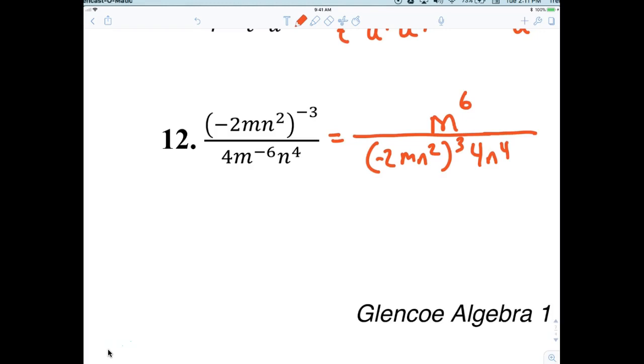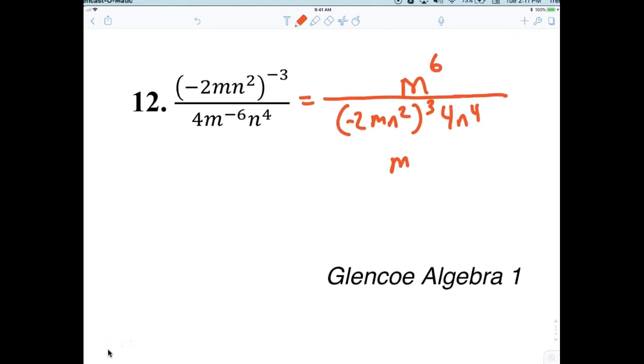Right, now I've got to simplify the denominator. So it's m to the 6th, and then I have negative 8m cubed n to the 6th times 4n to the 4th. Is everybody happy with that? Does everybody understand why it's negative 8? Negative 2 times negative 2 times negative 2 is negative 8. Anybody have any issues with that? Second step.